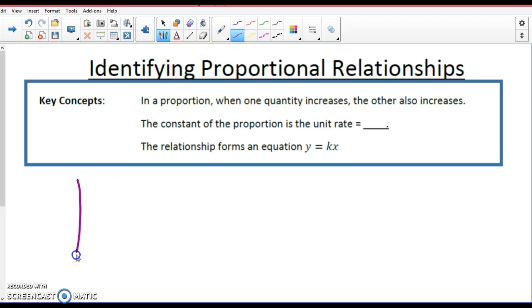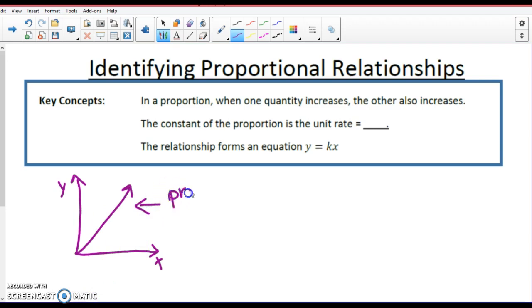A proportional relationship. This is the X, Y plane, and we're talking first quadrant. Proportional relationships are only in the first quadrant, and they are straight lines that go through the origin.